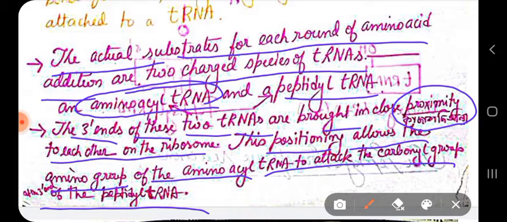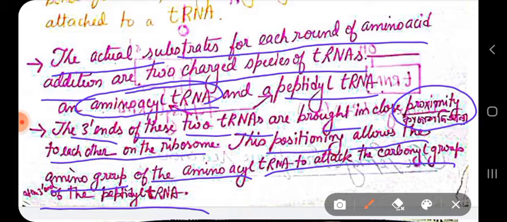The 3' ends of these two tRNAs, the peptidyl tRNA and the amino acid tRNA, are brought in very close proximity. This is done by the ribosome, and this close positioning allows the amino group of the amino acid tRNA to attack the carbonyl group of the peptidyl tRNA.